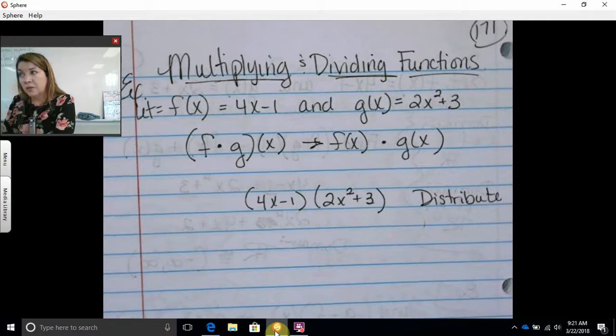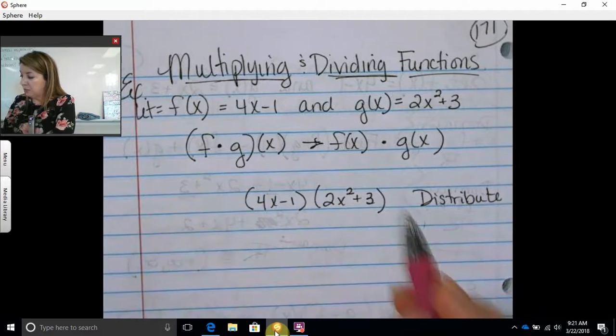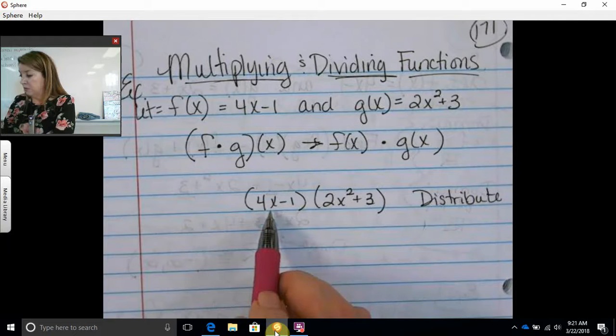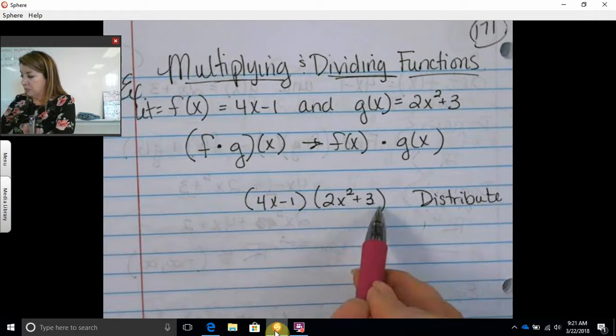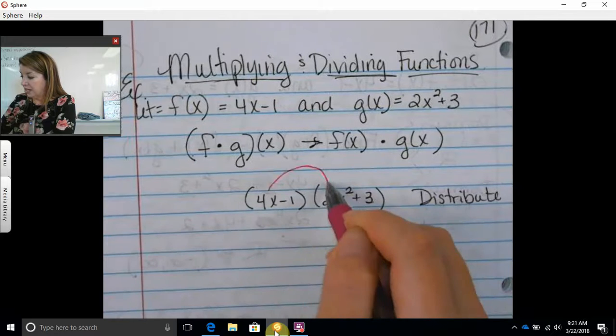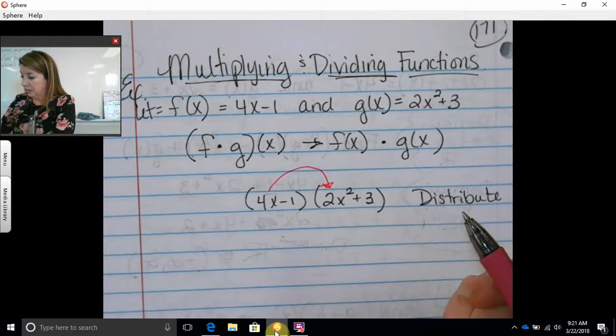Now we're multiplying when we distribute, so you have to remember your exponent rules, and your multiplication when you have exponents. So first thing I'm going to do, I'm going to multiply 4x times both terms in the second set of parentheses. So what is 4x times 2x squared?